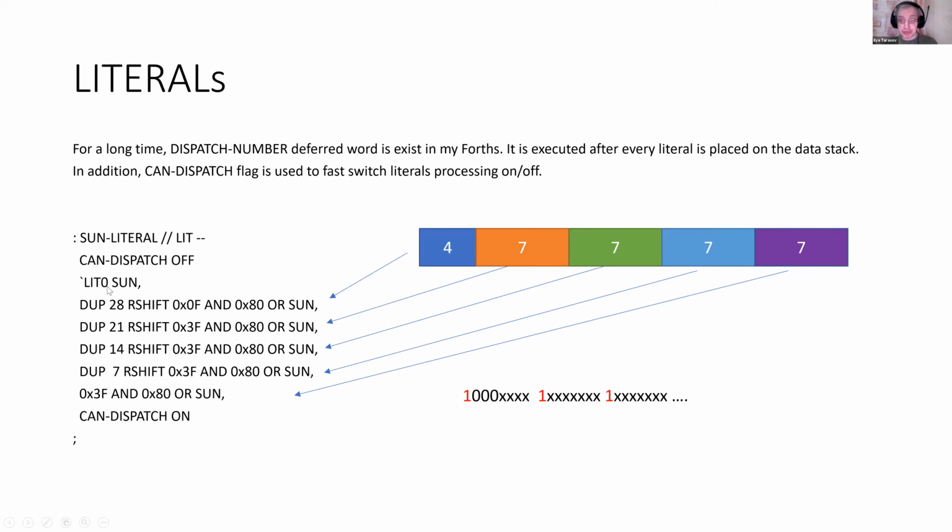We need to place a seed, this line, and we need to shift the remaining bit groups. So 4 bits and 7, 7, 7, 7. So our code after the seed must look like this. So this is shift, masking, and adding the most significant bit, and placing the command to the code array.